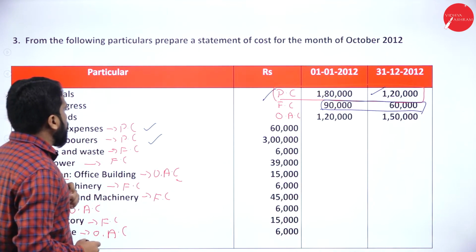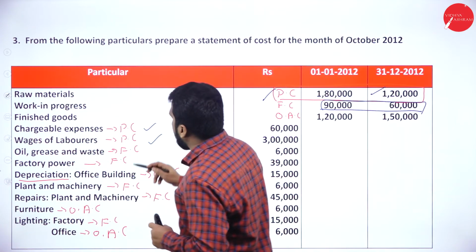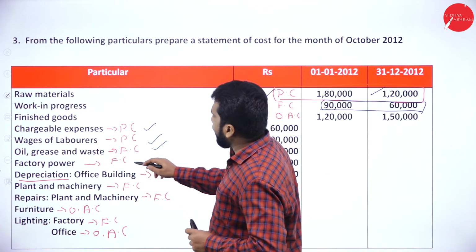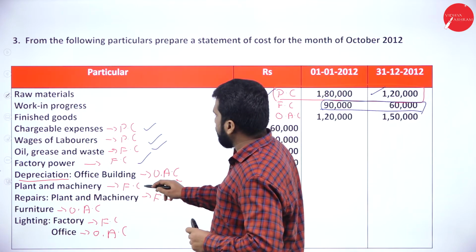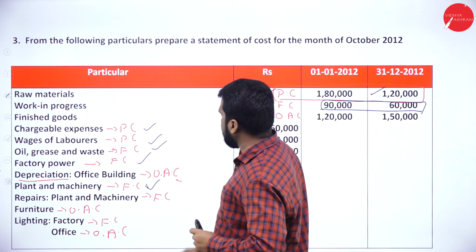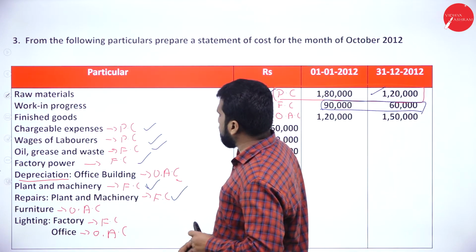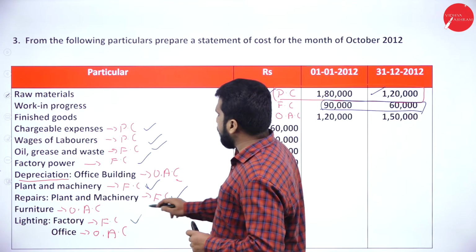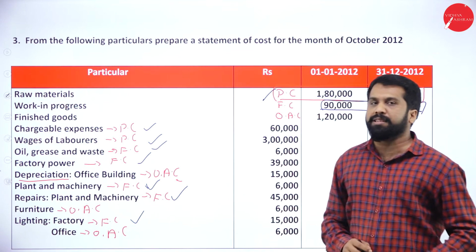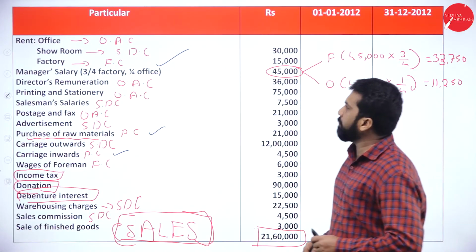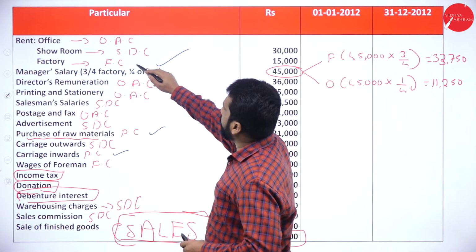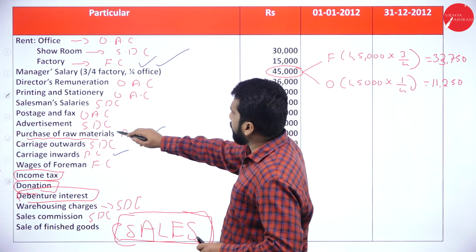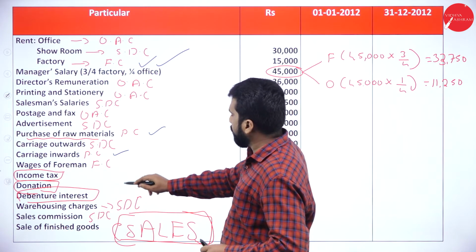Now, along with that, we have oil, waste, factory power, then depreciation on plant and machinery, repairs on plant and machinery, then lighting. These things come under factory. Still we have rent of factory. Then is there anything?